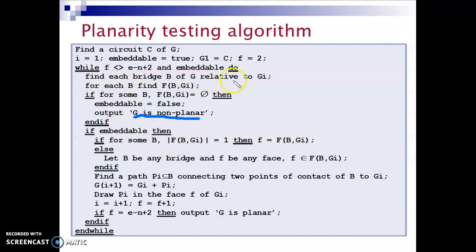Find each bridge B of the graph relative to G1 for Gi in each iteration. For each bridge, find the set of feasible faces.